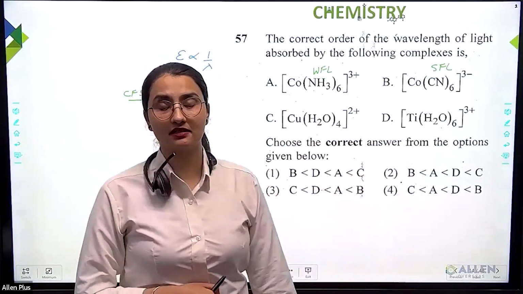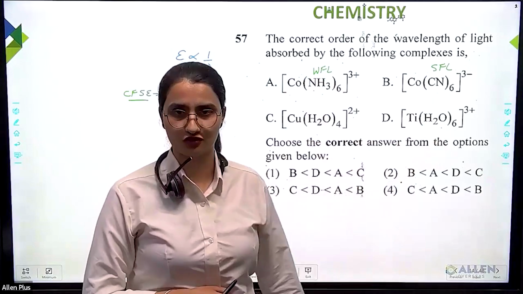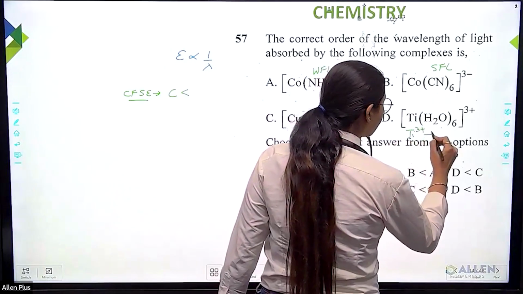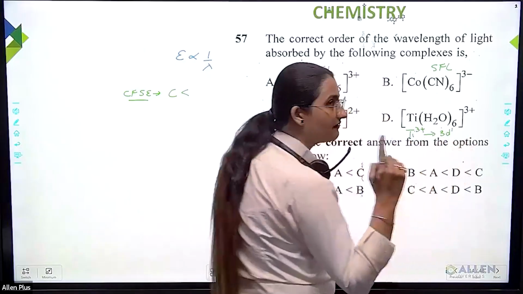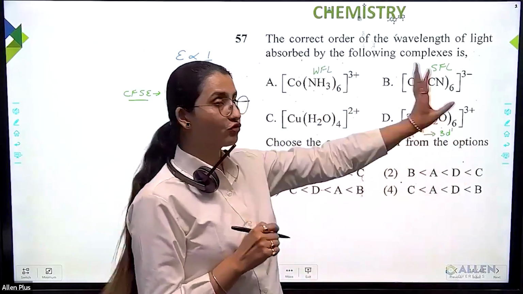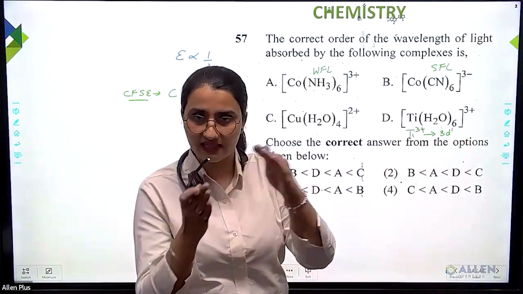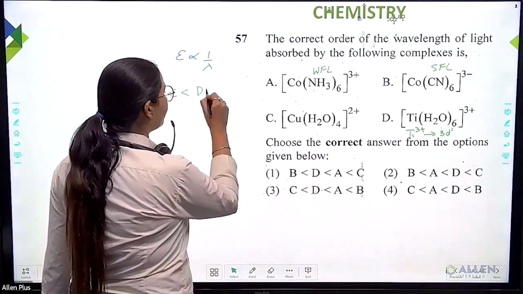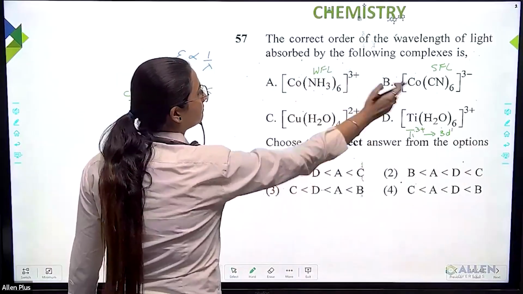Let's include Ti3+ in the discussion. Students, Ti3+ has configuration 3d1, only one electron. Plus H2O is a weak ligand, very less splitting. So splitting in D is even lesser than these two.